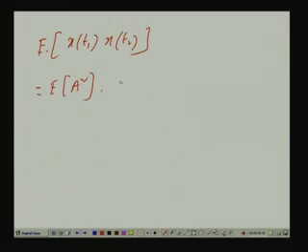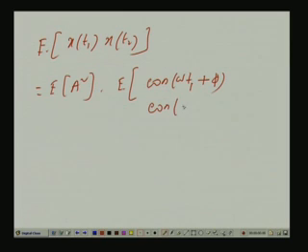Another term will be the expected value of the two terms, cosine omega t1, sorry, then cosine omega t2, again same phi.